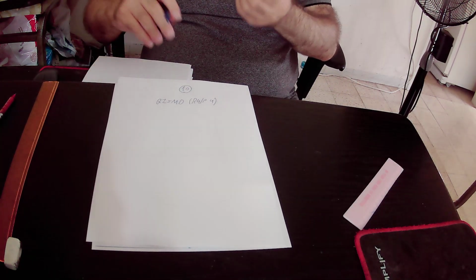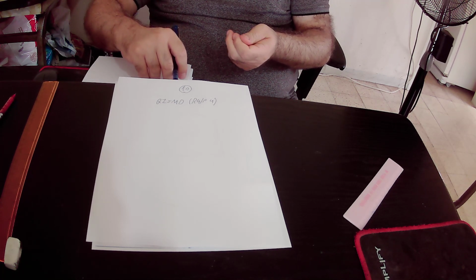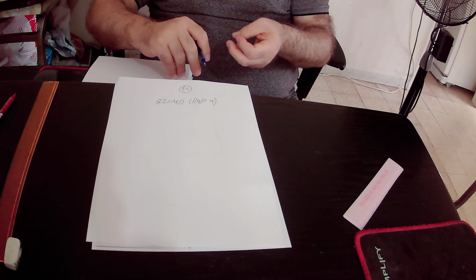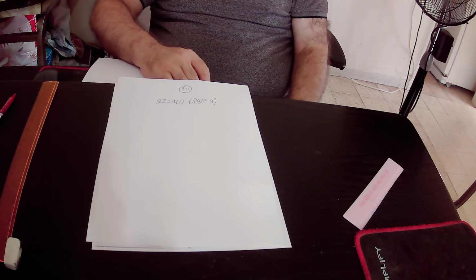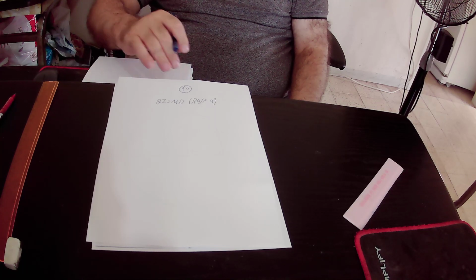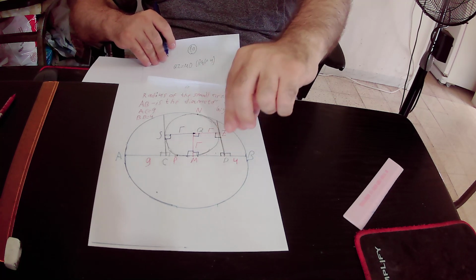QZ is opposite to MD. Therefore, according to rule number 4 that states that the opposite sides of a rectangle are equal to each other, QZ equals to MD.